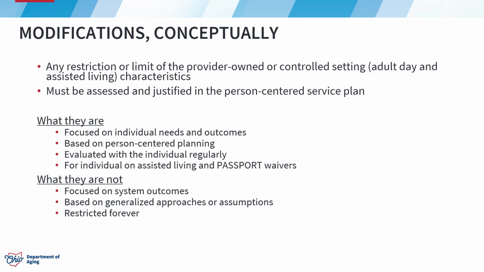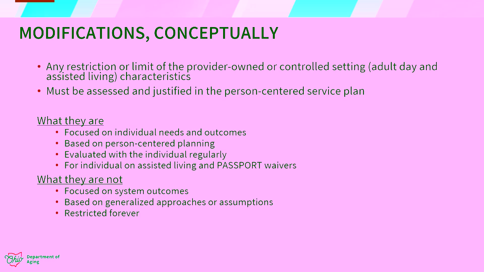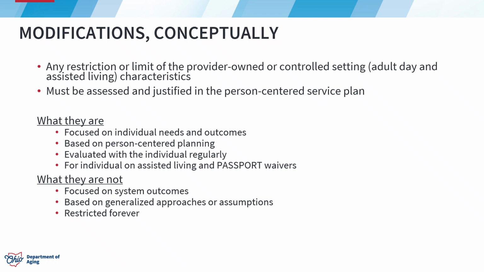And like I said before, modifications are not necessarily one and done. They aren't always going to be restricted forever. So please make sure when appropriate you're revisiting these conversations with individuals and ensure that the care plan has the most up-to-date language as it relates to any modifications.